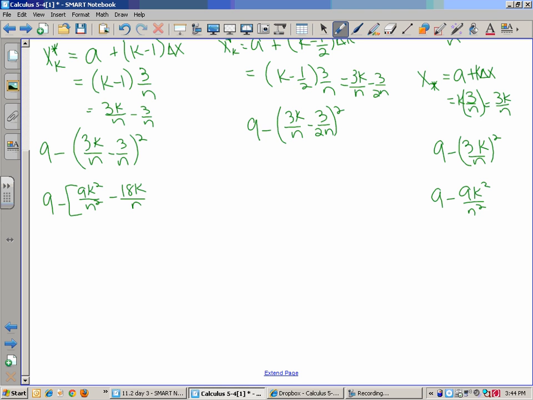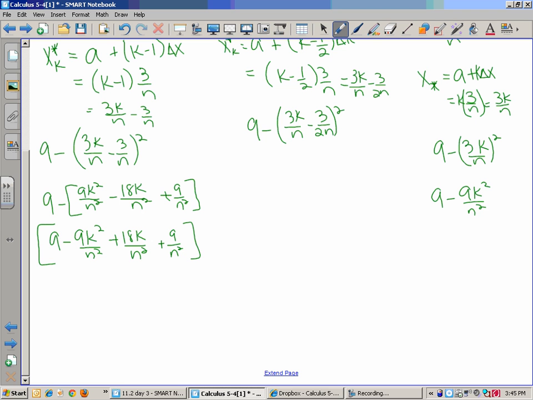And then this side is going to become 9K squared over N squared minus 18K over N squared plus 9 over N squared. So we get 9 minus 9K squared over N squared plus 18K over N squared minus 9 over N squared.